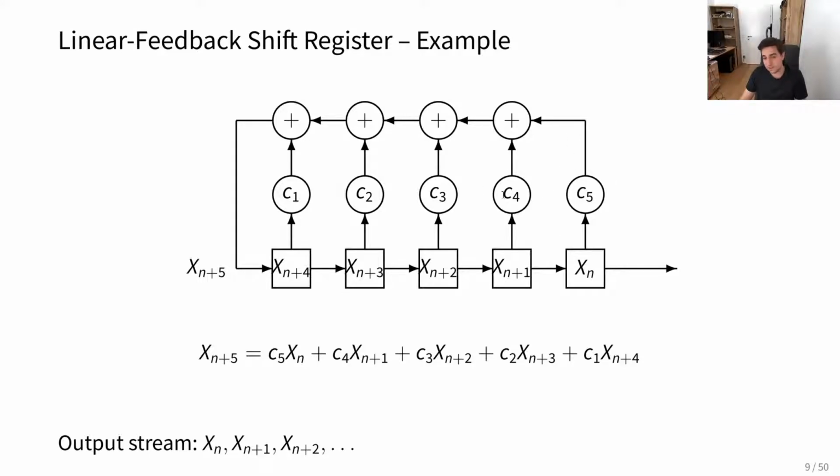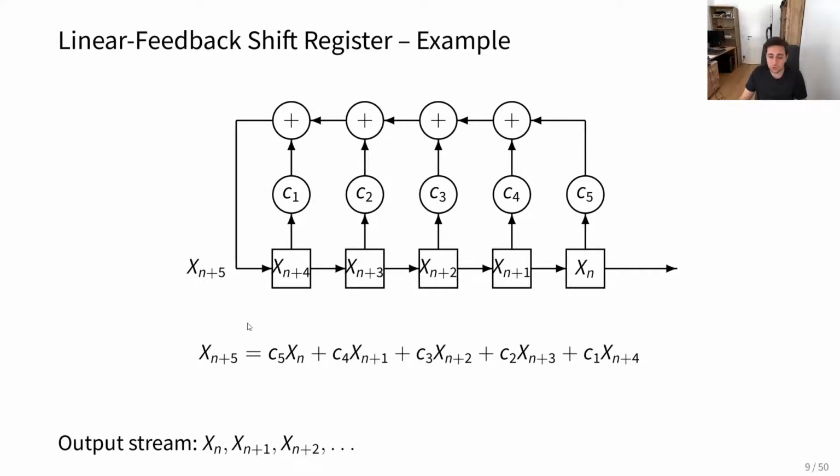Of course, some of these constants may be 0. For example, we might have the sum of only this bit and this bit, which would mean that this constant and this one are 0. Usually this is not 0, but we will see later how this works.